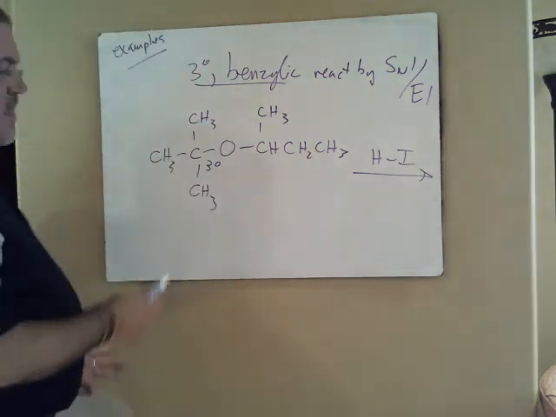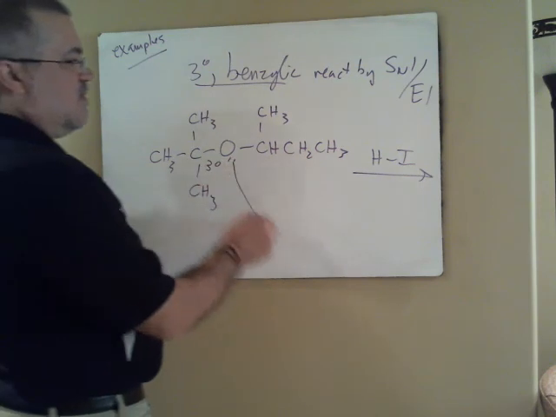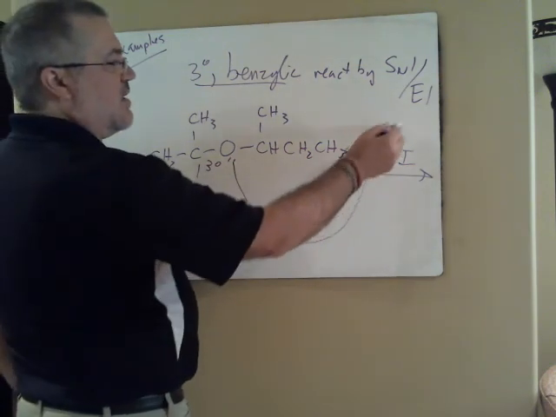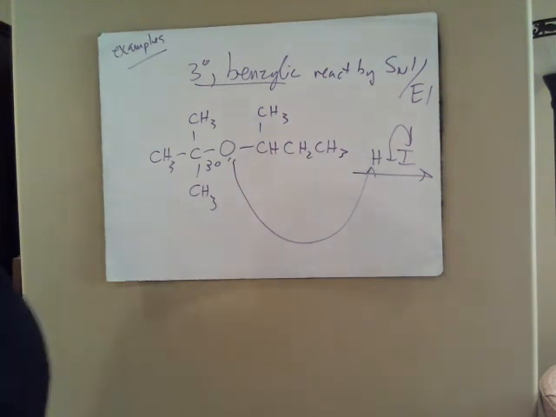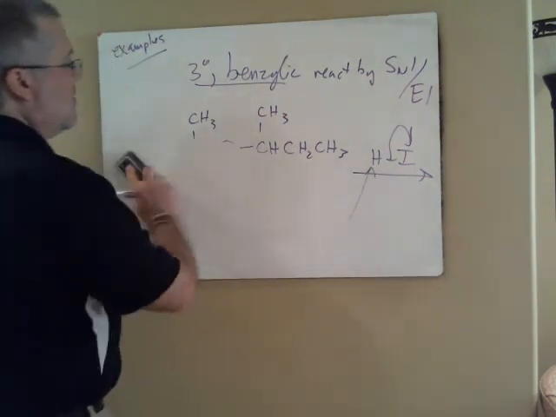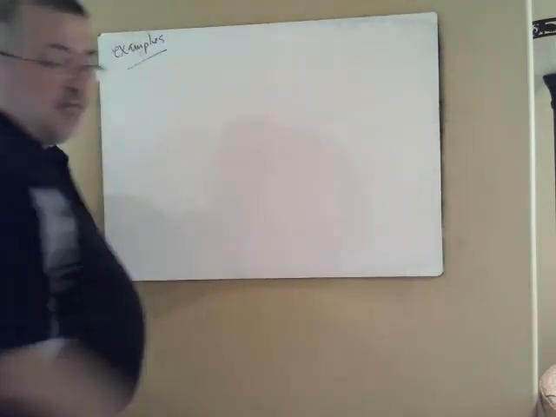the first thing that's going to happen is the same thing we saw before. This is the nucleophile, it reacts with the electrophilic site on the HI, pushes the electrons out to I. Now you might want to pause that as you're writing it down, but I'm going to erase it to move on because I can draw this intermediate that's formed.